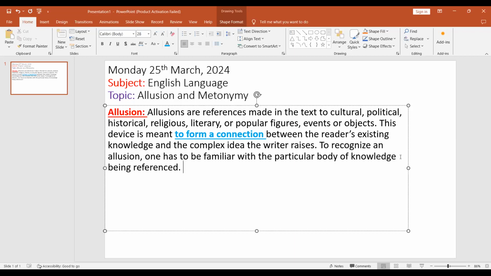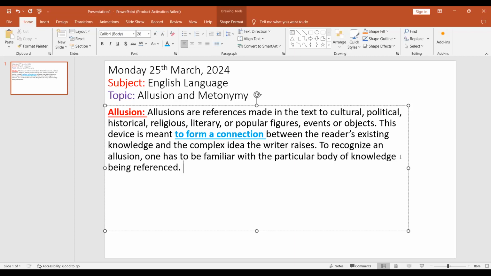The allusion is not going to work if you don't know what they're referring to, and that's why it's important to read and have different experiences, so that when someone mentions something, you are able to understand what they're talking about, right?